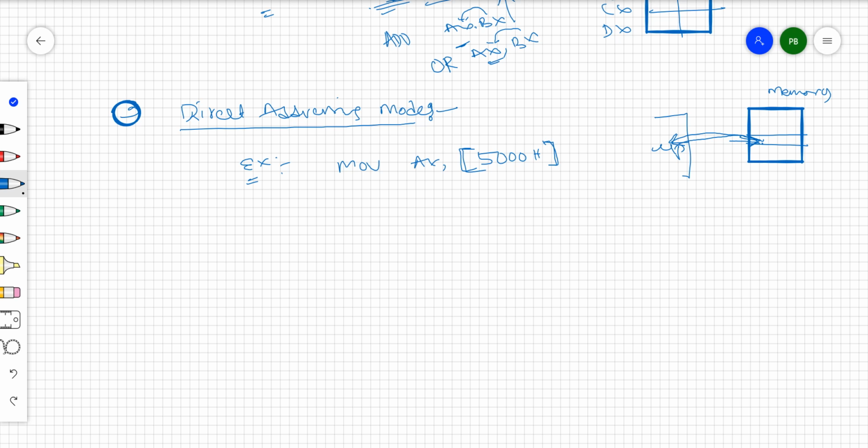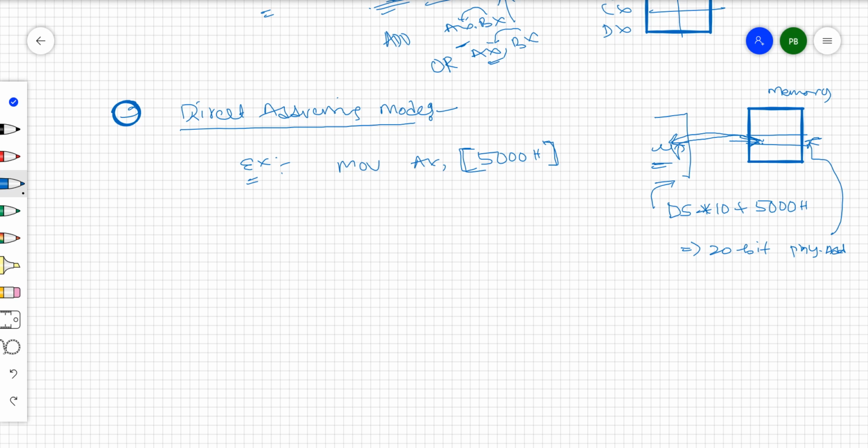But here, while executing this instruction, the processor calculates the external memory location address like this: DS into 10 plus 5000 is calculated internally by the microprocessor to get the 20-bit physical address of the external memory location.